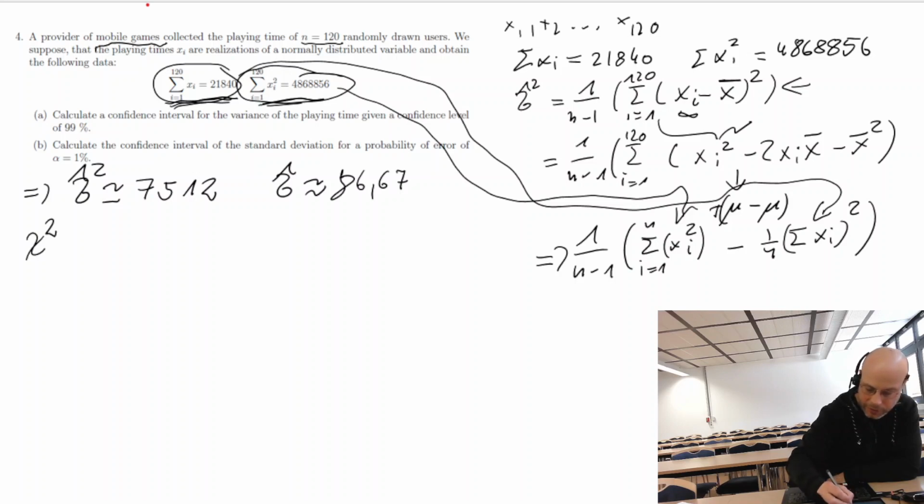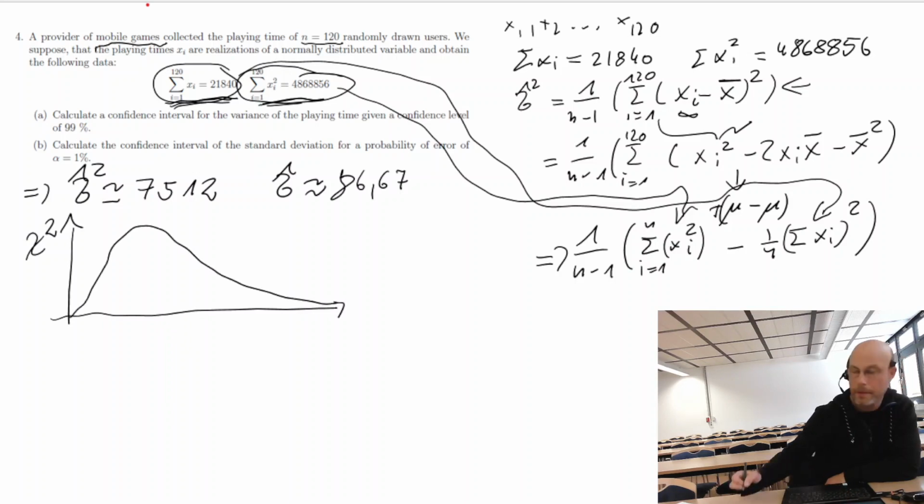The chi-squared distribution looks more or less like this. And our number here, 7512, is maybe here.